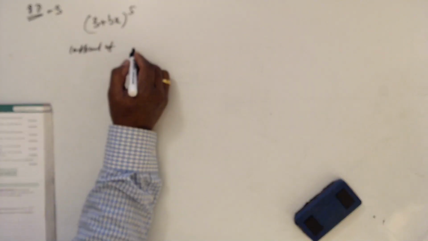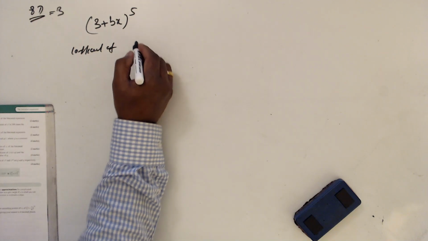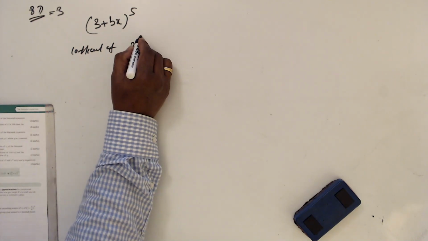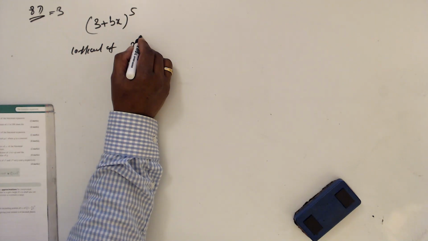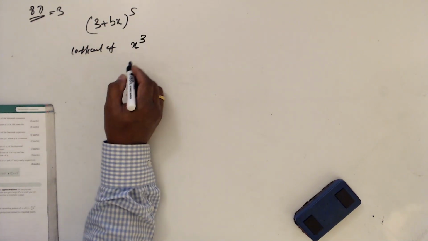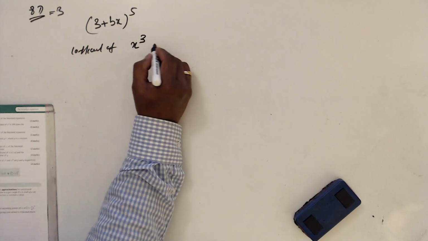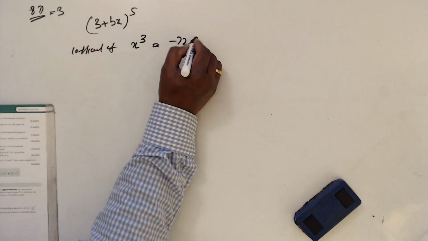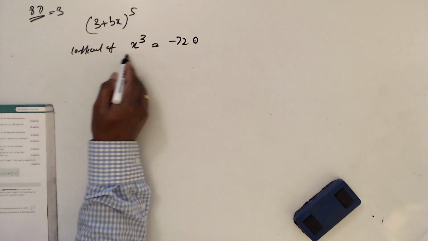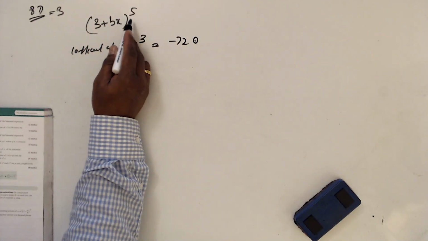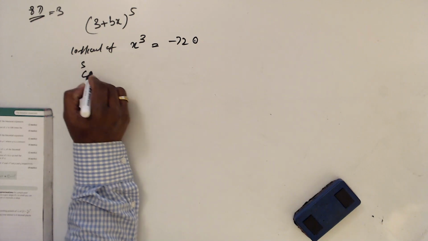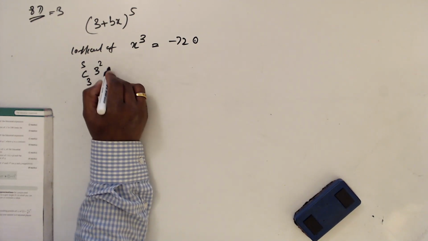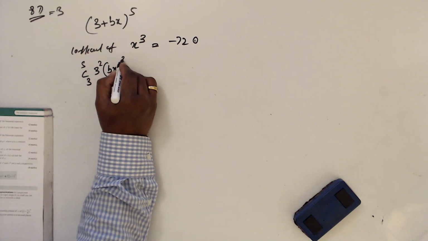Coefficient of x cube equals minus 720. So the coefficient of x cube means 5C3 times a square b x cube.